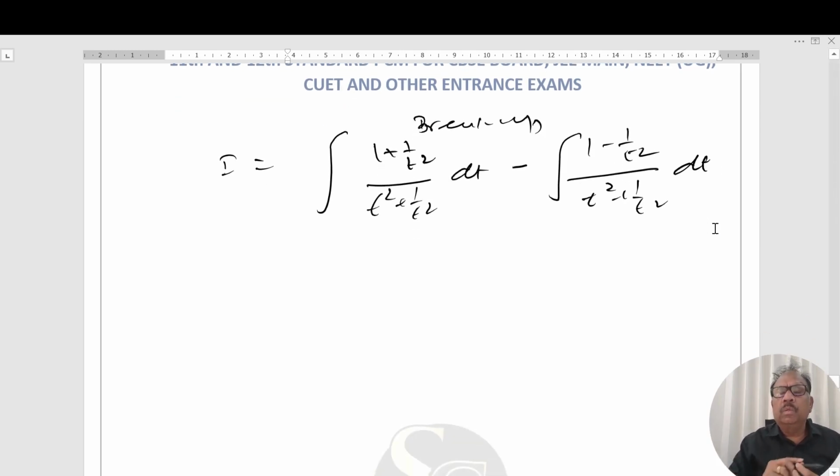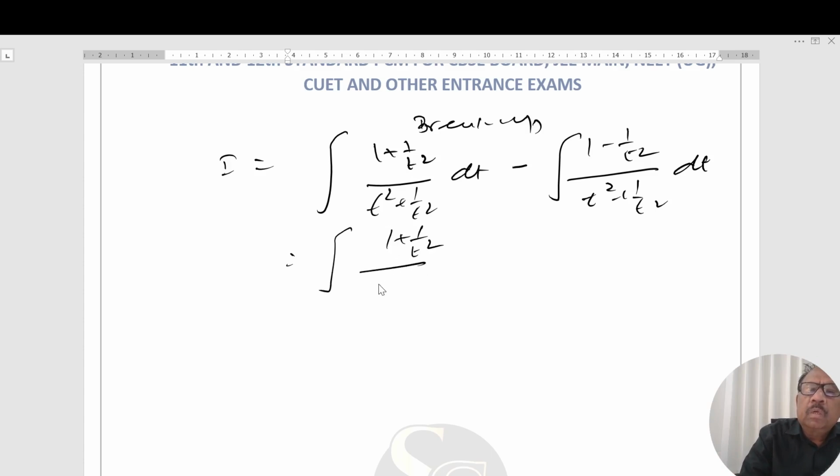Now 1 plus 1 over t square is the differentiation of t minus 1 by t. And t square plus 1 by t square is minus 2 plus 2.